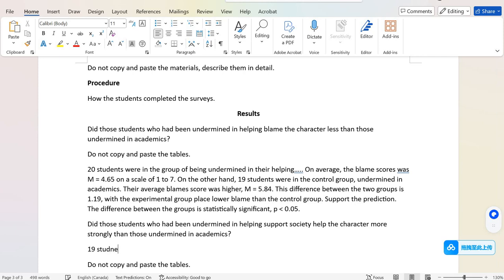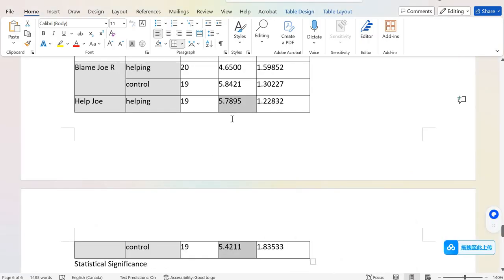19 students in the group, undermined, on average, here their score was 5.79.